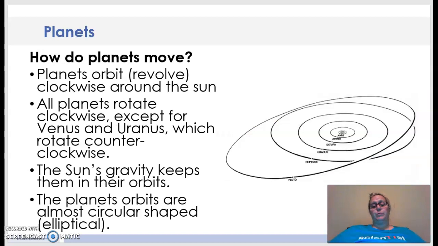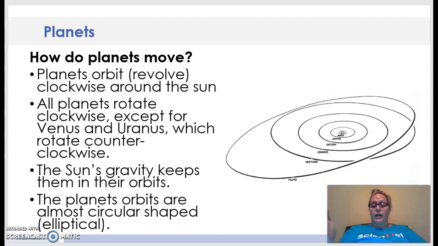How do the planets move? Well, planets move or revolve or orbit around the sun in a clockwise fashion. So the planets also rotate on an axis. They rotate the same way that they orbit, except for Venus. Venus has an orbit that is opposite, and Uranus is tilted on its side.